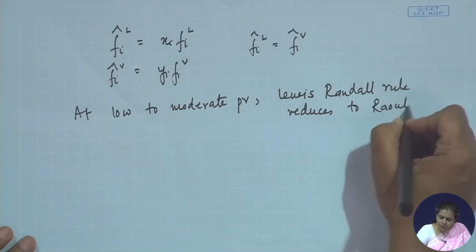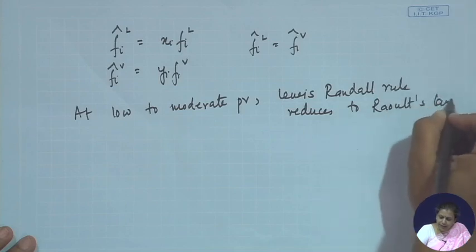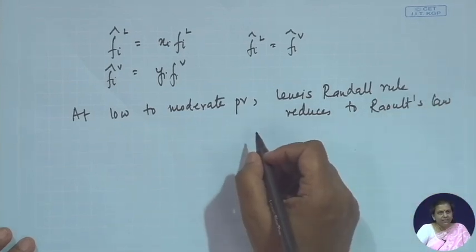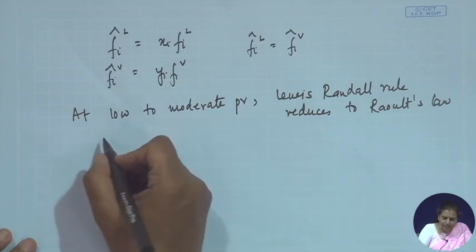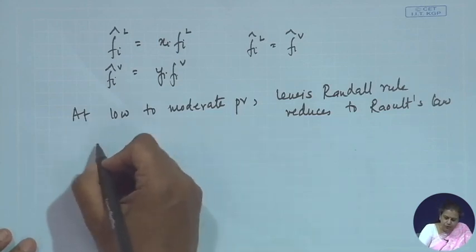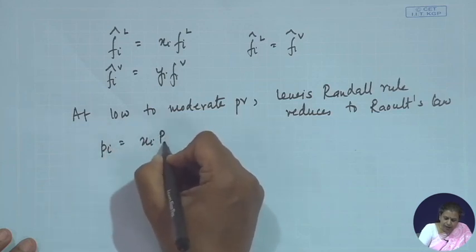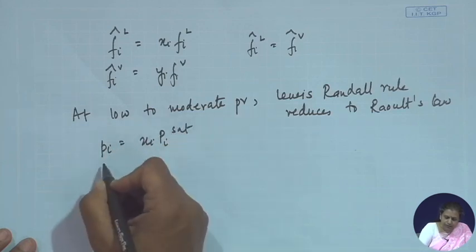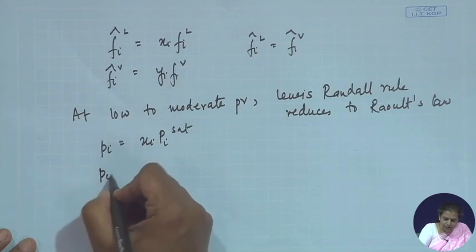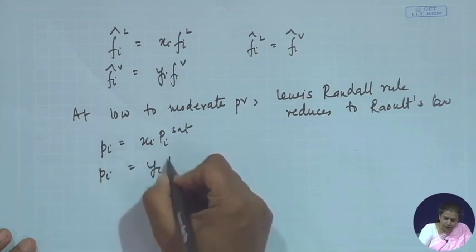As a result, we find that the f's can be replaced by P's, the pressure terms. For low to moderate pressure, it becomes Pi equals xi Pi saturated, and in this case Pi equals yi P.